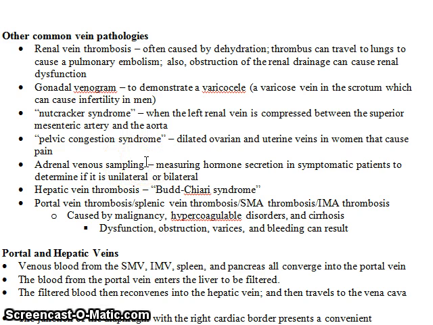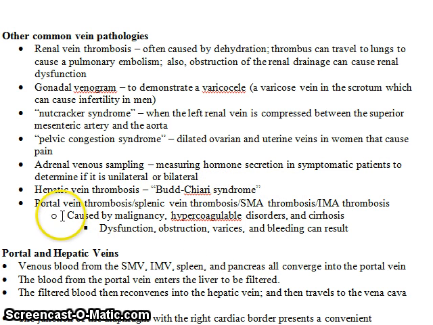Okay, sometimes there is adrenal venous sampling. Sometimes you want to take a sample of the blood from the adrenal veins, and you can measure the hormone content in that. Hepatic vein thrombosis has its own name, Budd-Chiari syndrome.